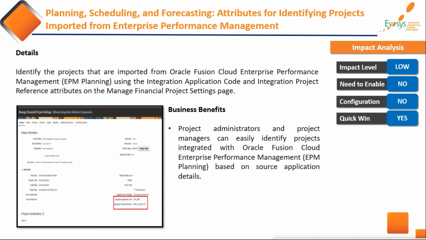So that's where they came up with two particular identifiers in the project screen itself, showing the source of this project, whether it was created manually, through a spreadsheet, or came through EPM. So the system gives one tag that this project came from EPM. So users can easily search how many projects were created today through EPM, so they can check those things.